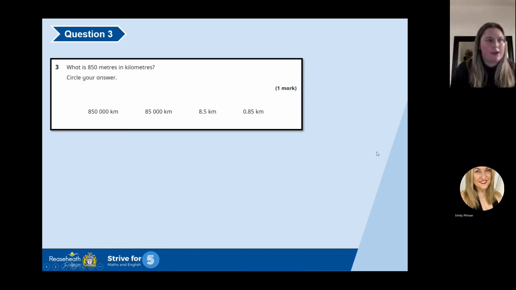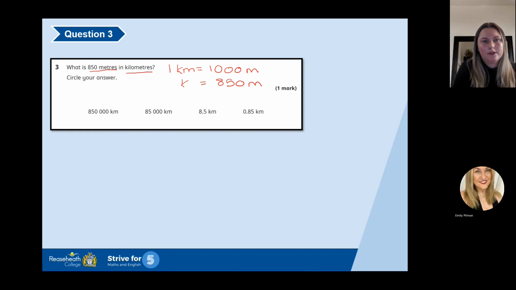Okay, number 3. What is 850 meters in kilometers? Now we know that 1 kilometer equals 1,000 meters, and we have 850 meters.